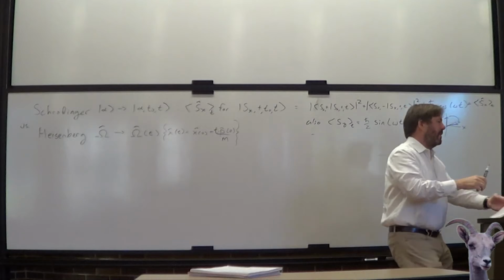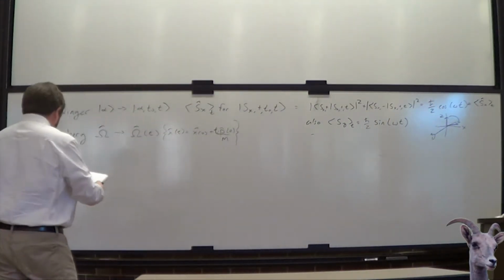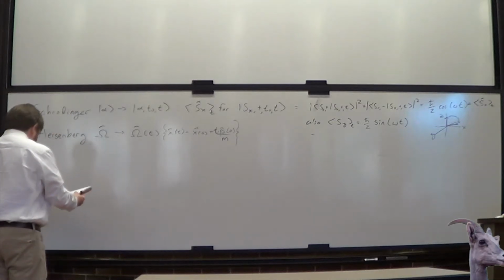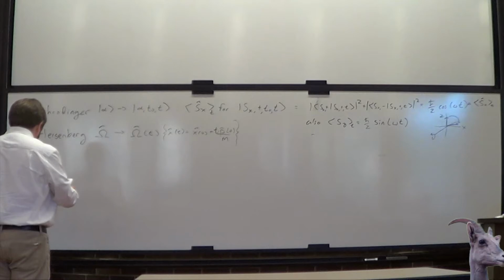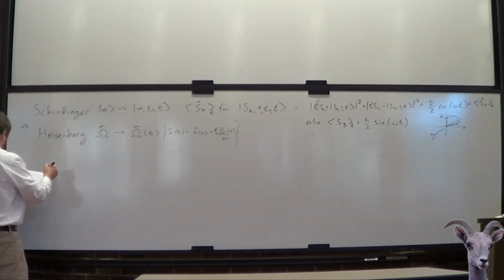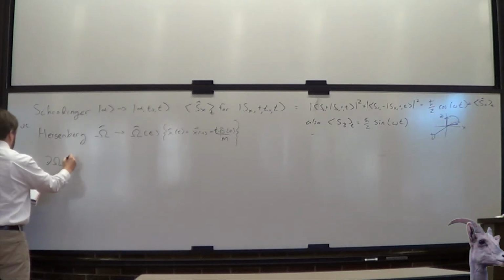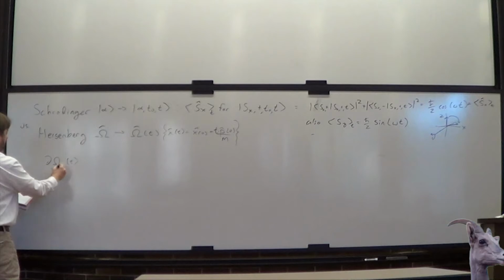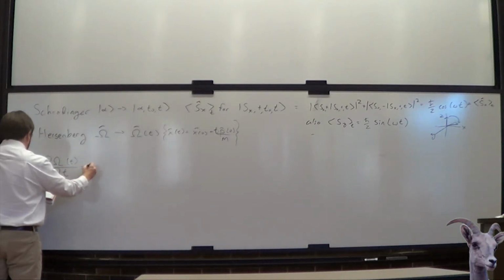The mission is to reproduce this with the Heisenberg picture, with the Heisenberg equations of motion. And what we got to last time, I have to find it, where we at, is, so as soon as I put a parenthesis with T, that means I'm working in the Heisenberg representation.